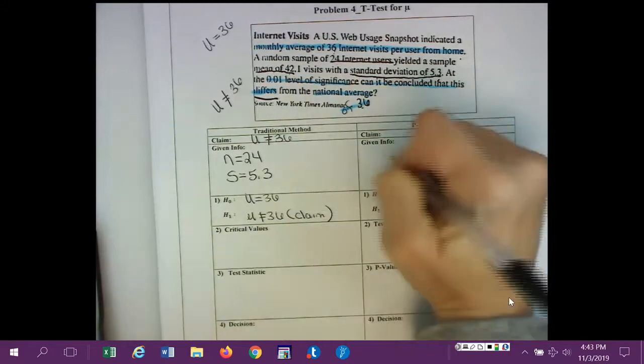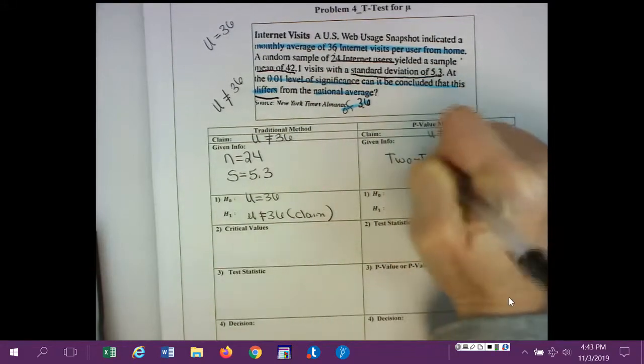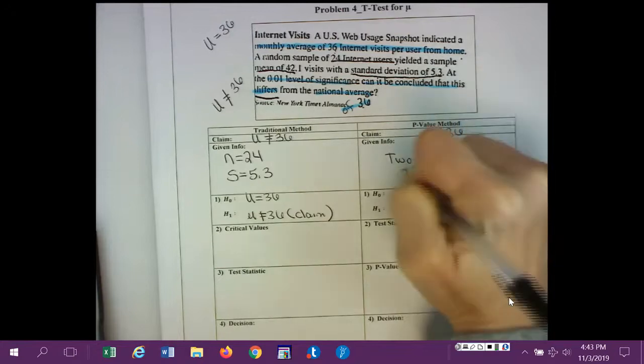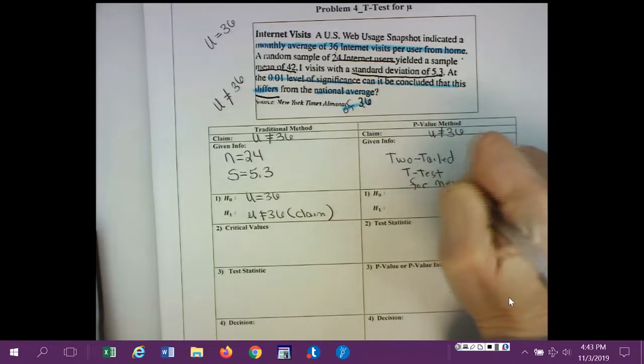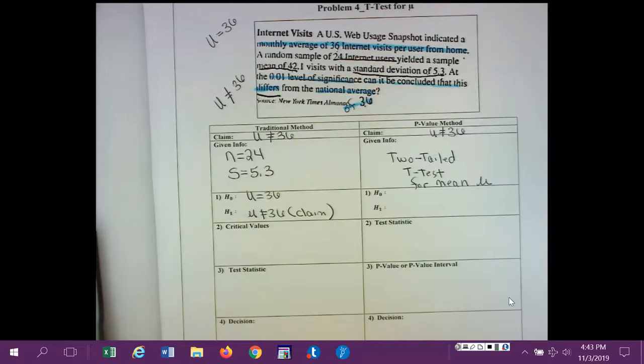So this is a two-tailed t-test for the true mean. Two-tailed t-test for the true mean. Sigma is unknown.